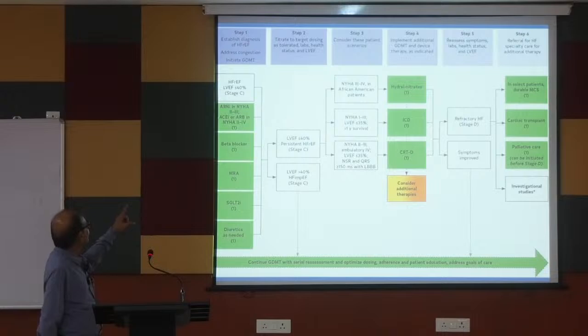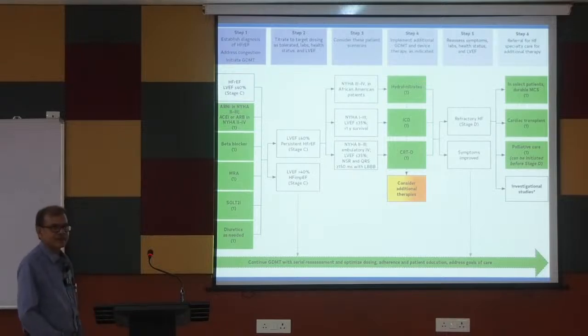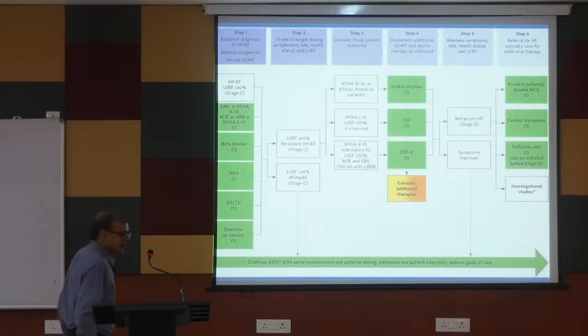So establishment of a diagnosis, address congestion and initiate in this particular form. Second step, titrate the doses to target, the dosing schedule, as tolerated by the patient as well as by the biochemical profile.